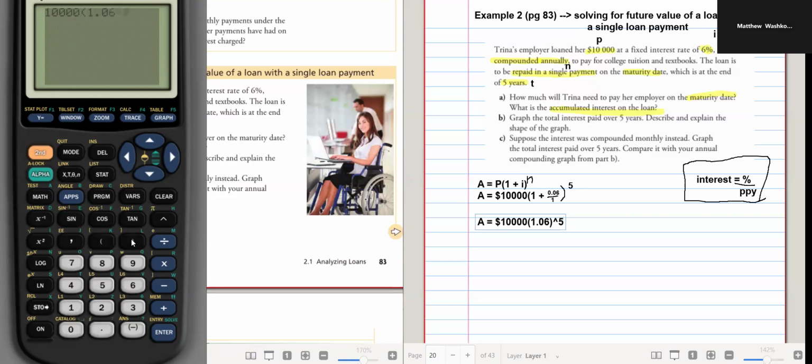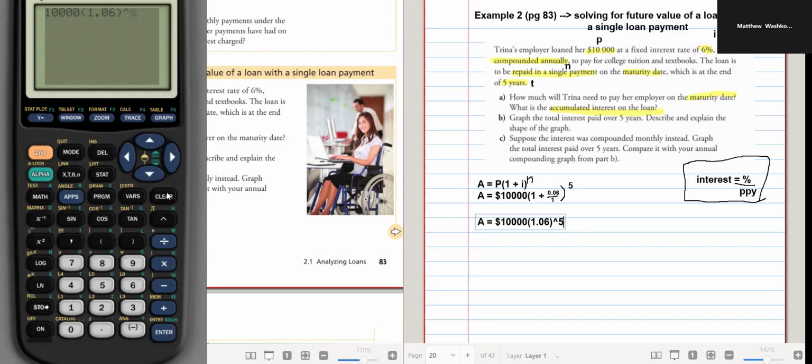Sorry guys, it's not a calculator I generally use very much. Okay, I figured it out. It's actually done exactly how I write it out, which is weird on a calculator. So $10,000 times 1.06. Your power button is this little arrow thing here. Yeah, that's what it is in this calculator.